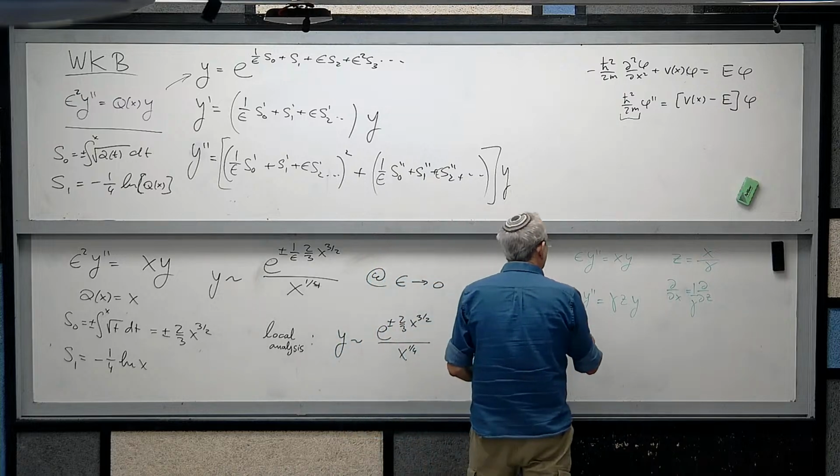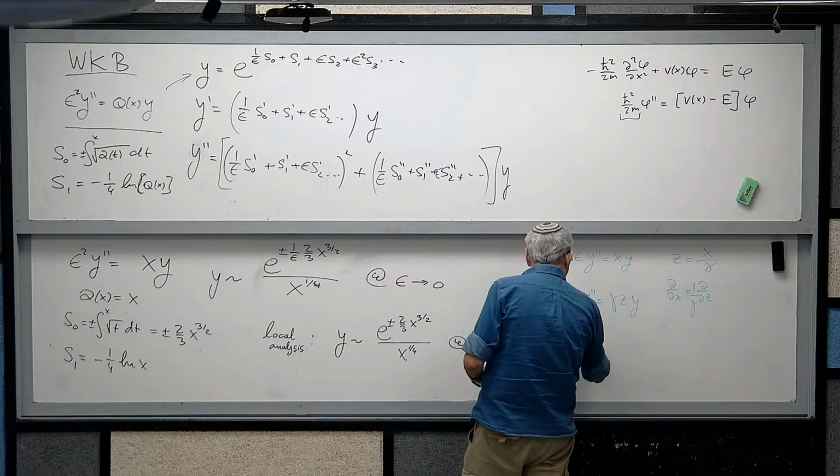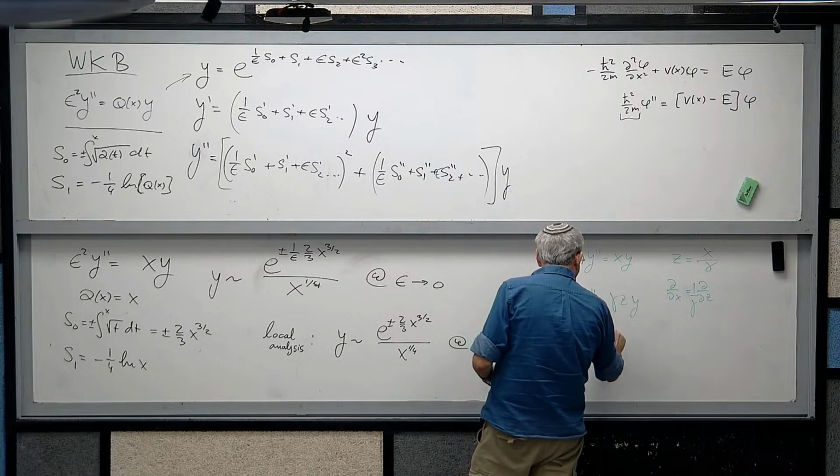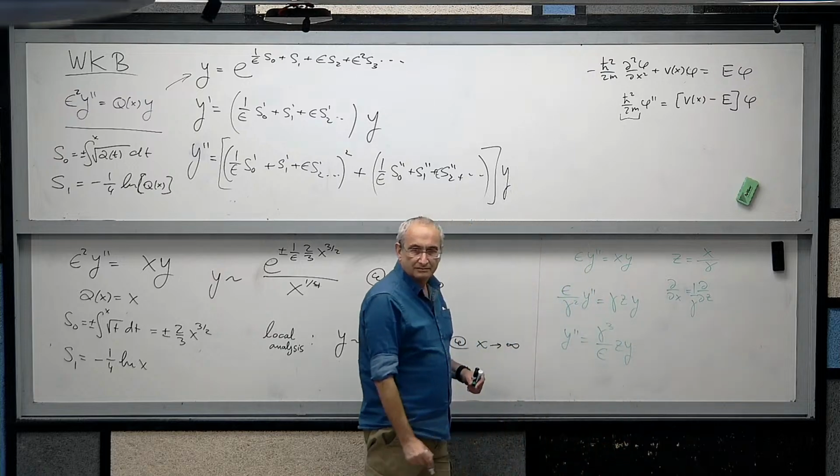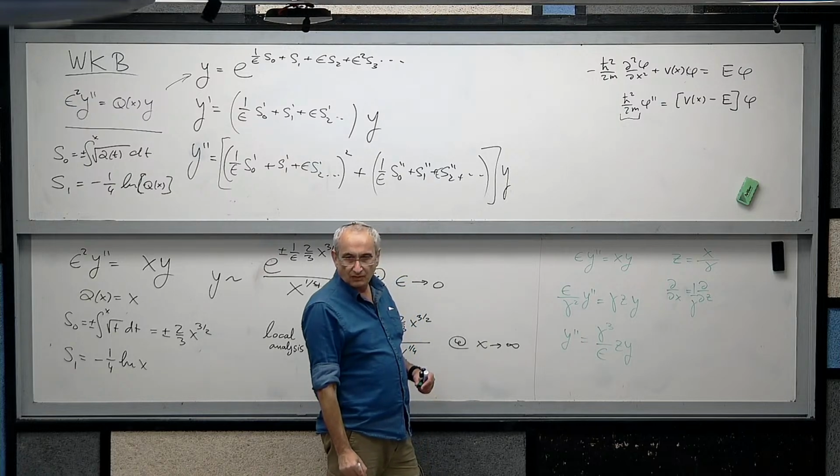All in all, we have y double prime equals gamma cubed over epsilon times zy. Okay?